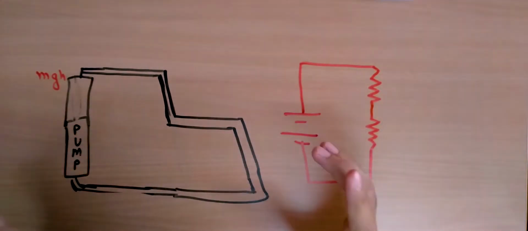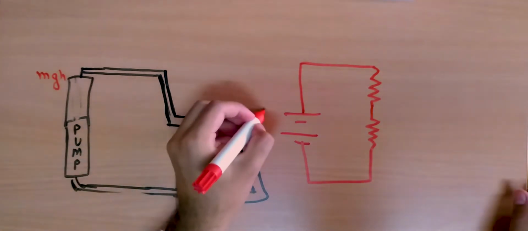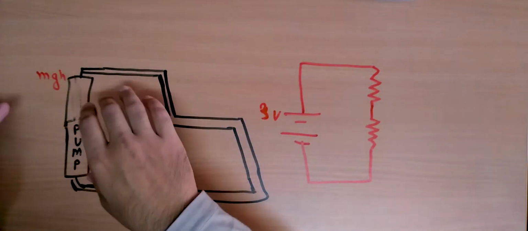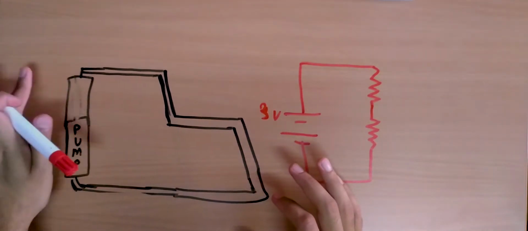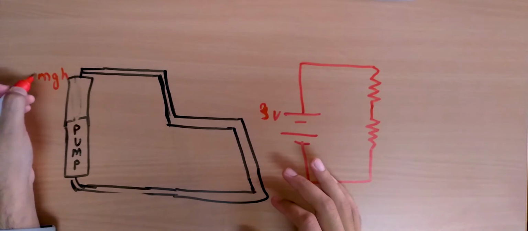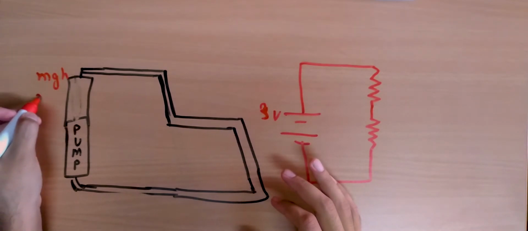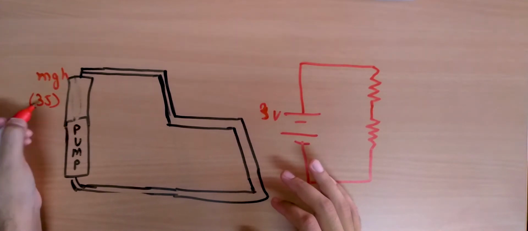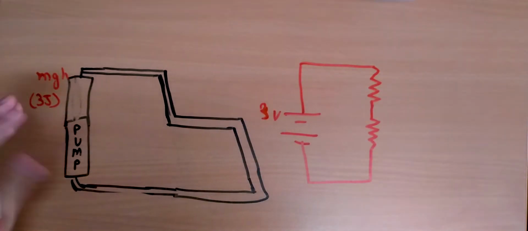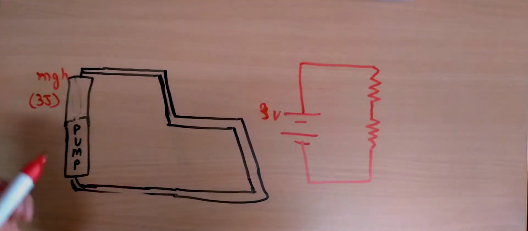But one thing to be noticed here is that if this is a 3 volt battery, and let's say this pump gives the water some energy, mgh, and just for example, let's say it's 3 joules for every liter of water. So every 3 joules for every liter of water this pump provides.